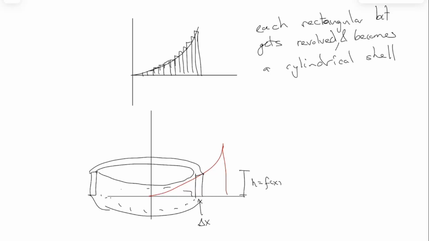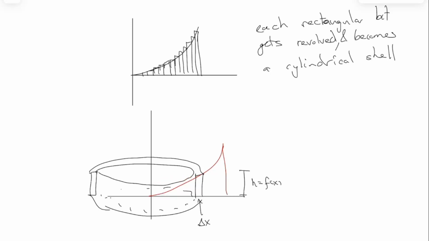And so what's the volume of one of those shells? This is basically like a circle, and it has a certain circumference. The circumference would be given by the radius as measured from the middle, which is actually not the function f of x, but just the x value.